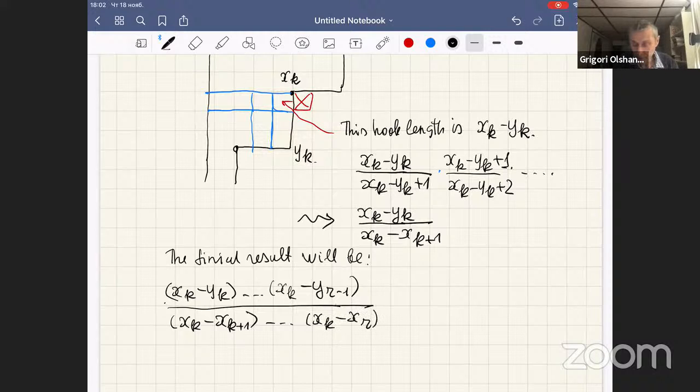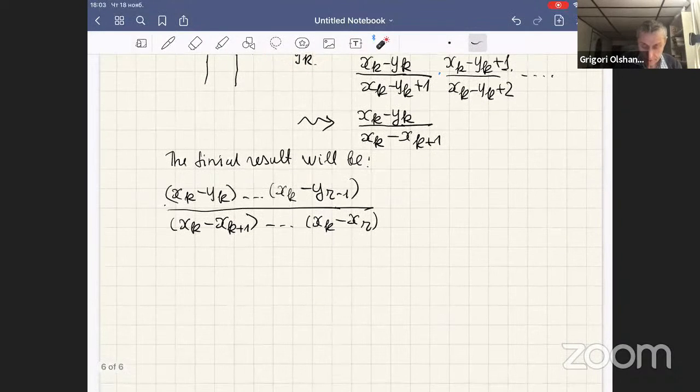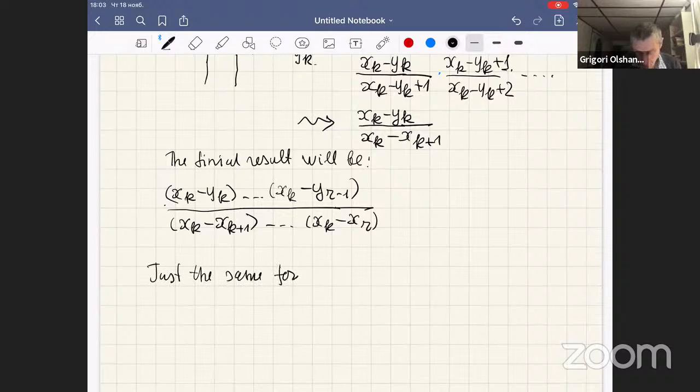So we have as many factors in the numerator and in the denominator. And just the same picture, just the same for the blue column.